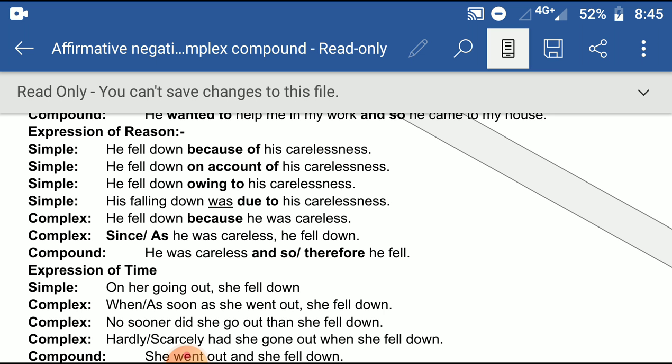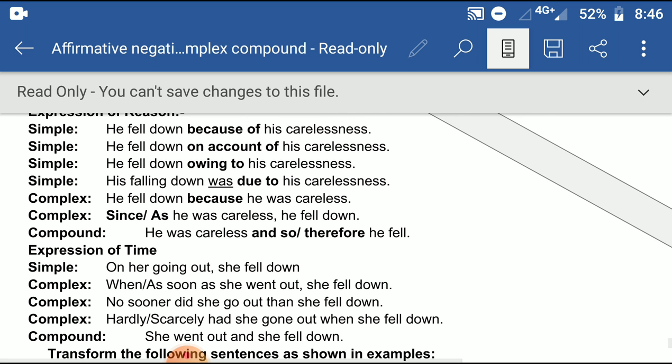When we write a sentence with due to, what really happens is we have to write only one verb. And as I told you, due to is always preceded by a to be verb. And the third important thing is that in a simple sentence there is only one verb, and a sentence with due to is a simple sentence.